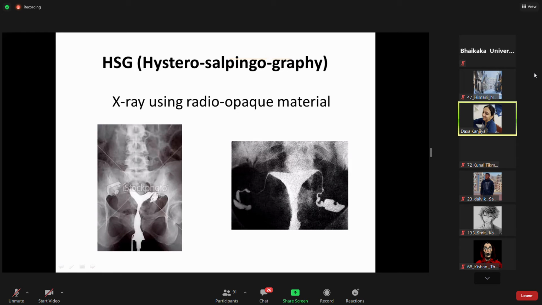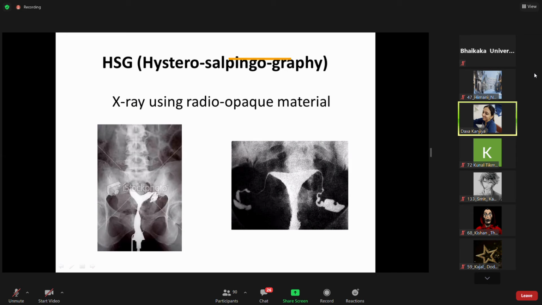So when you take an X-ray after injecting the radio-opaque material, you will see the radio-opaque outline of the uterus as well as the outline of the uterine tube. If there is spillage of dye in the peritoneal cavity, that means both the uterine tubes are patent. And you can see the anatomical position of the uterus also.